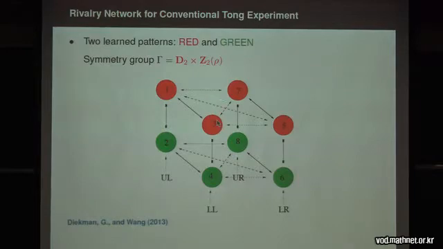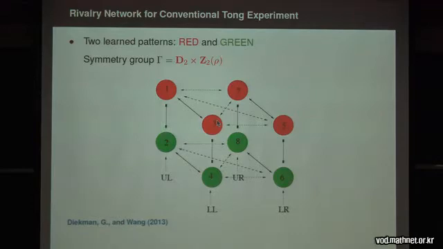Geometrically, these are further apart, so you might expect that coupling to be weaker than this. In short, the symmetry of this network is going to be the symmetry of a rectangle. You can swap left and right, front and back, but you can also swap up and down. So it has this symmetry.